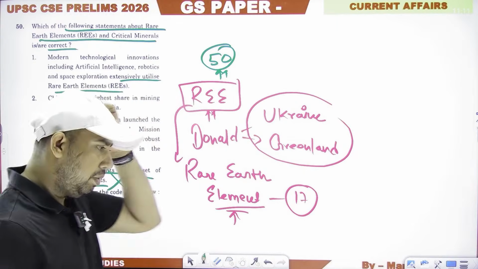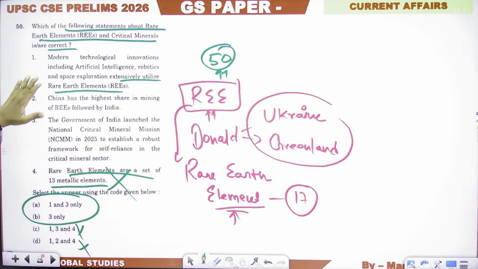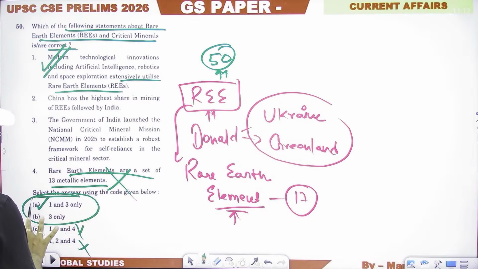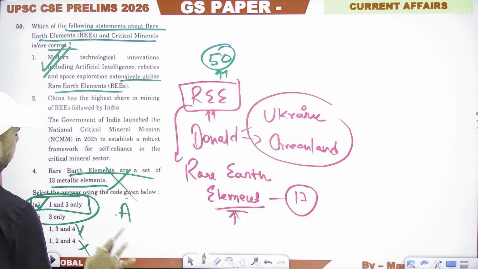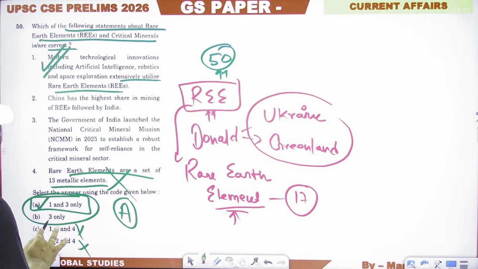They are also very much interested because rare earth elements are very essential in artificial intelligence, robotics and space exploration. It means that statement 1 is correct. If statement 1 is correct, we get the right answer A only. So it means that first and third are correct, because in option B there is no first statement.